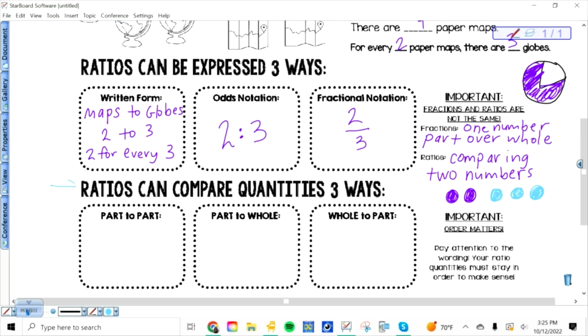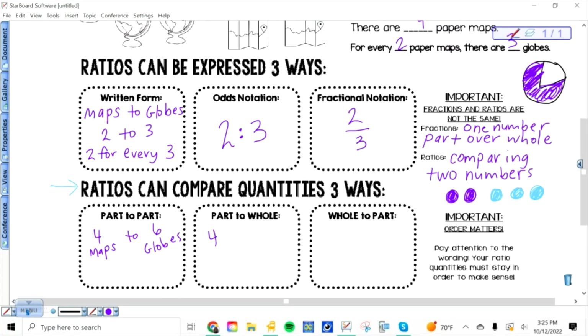So we can compare quantities 3 different ways. We can look at a part compared to a part. So think about our 4 maps to 6 globes. We're looking at the part compared to the part. Or we can think about a part compared to the whole.